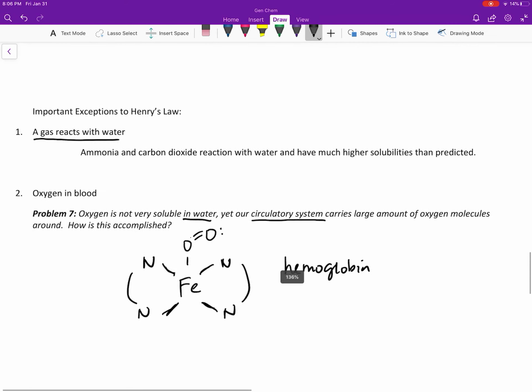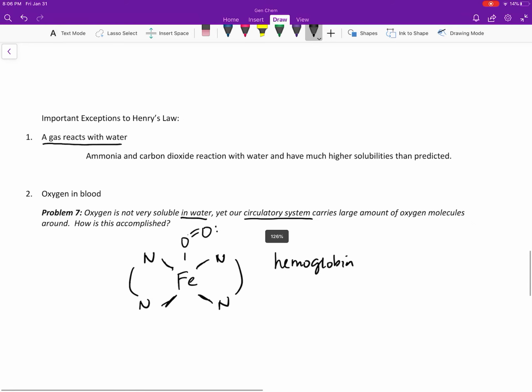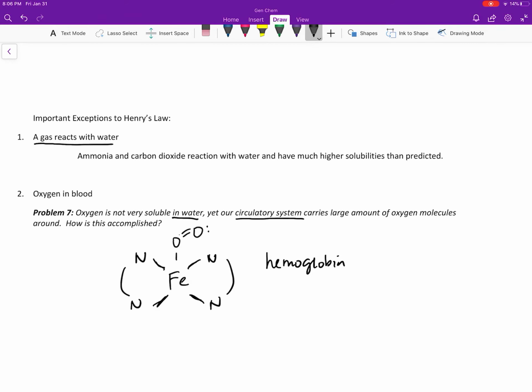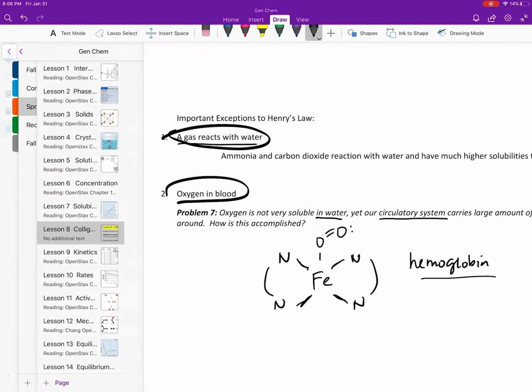Okay, so review that. And then we talked about two important exceptions to Henry's law. One is that when a gas reacts in water, it will become more soluble than what we originally predicted. And then when we have oxygen in blood, we know that hemoglobin is there to assist the solubility of oxygen by binding it and keeping it in solution, which we need.